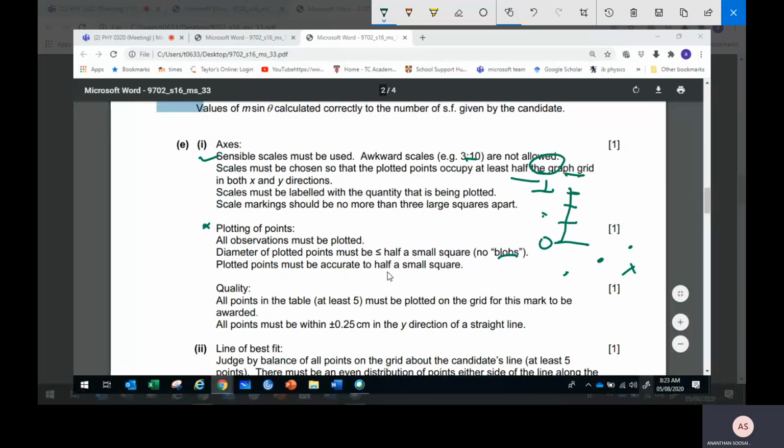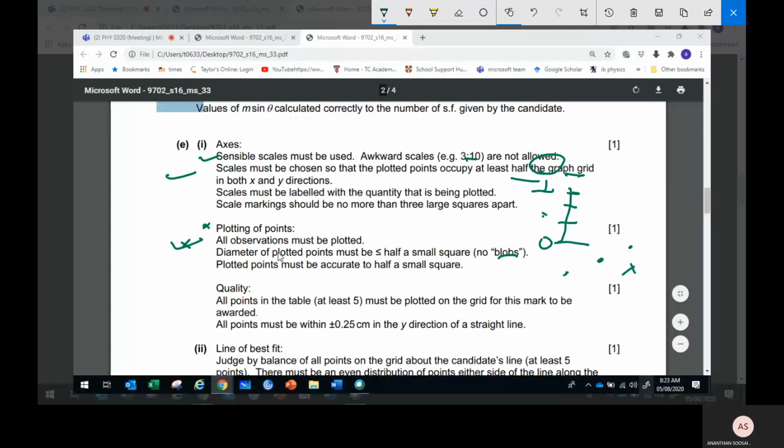Plotted points must be accurate to half of a small square. Best is to use a cross. Cross is better. The smallest cross, one box. Normally students almost look at these two points.